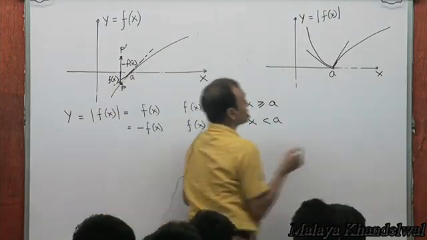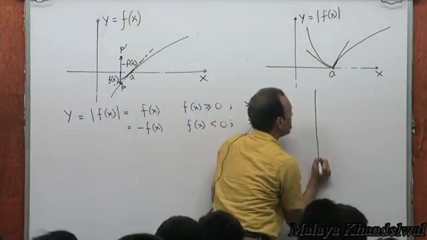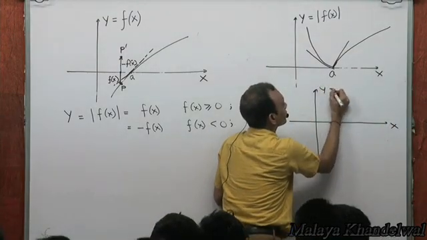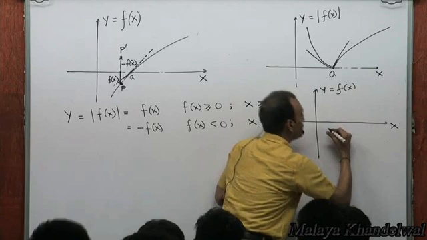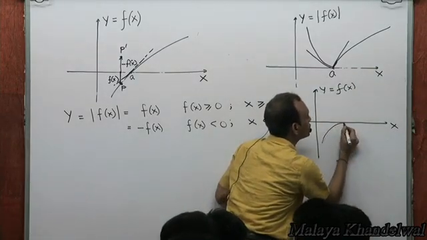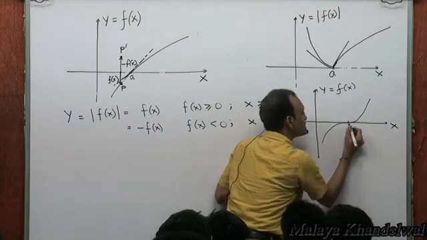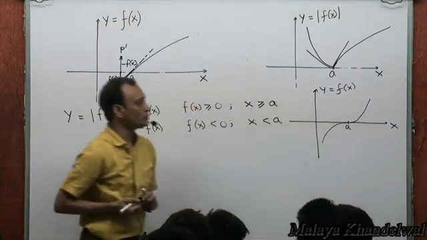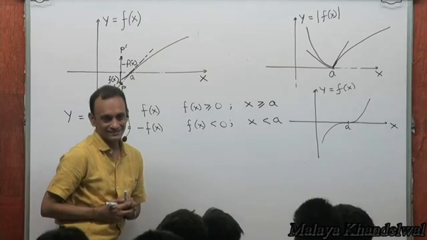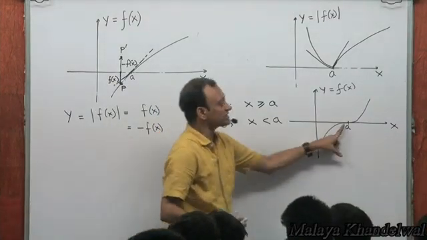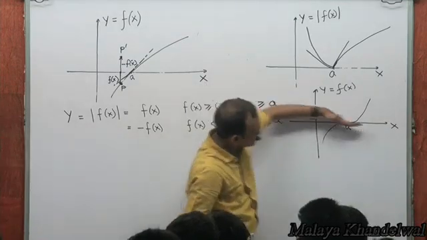I mean, you could have had something like this, for example. f(x) could have been like this, say. It becomes 0 at x equal to a, and it changes sign at x equal to a. So this is the graph of y equal to f(x). It is continuous at x equal to a, and its tangent is this.